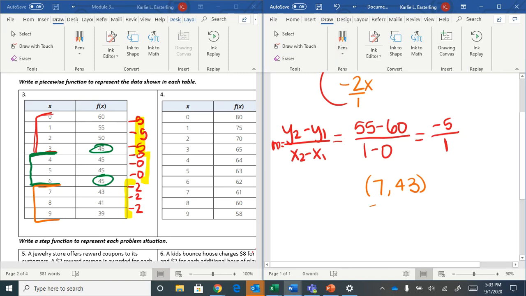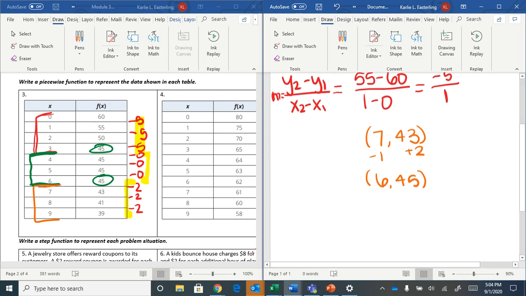So I'm going to subtract 1 and add 2 because we're going backwards. So we're going to do the opposite of the sign that's up here. So that's going to get me (6, 45), which is the correct point because it's the point that we share with that previous line segment. So that is the correct point. So that's a way to know you're going in the right direction there as well.